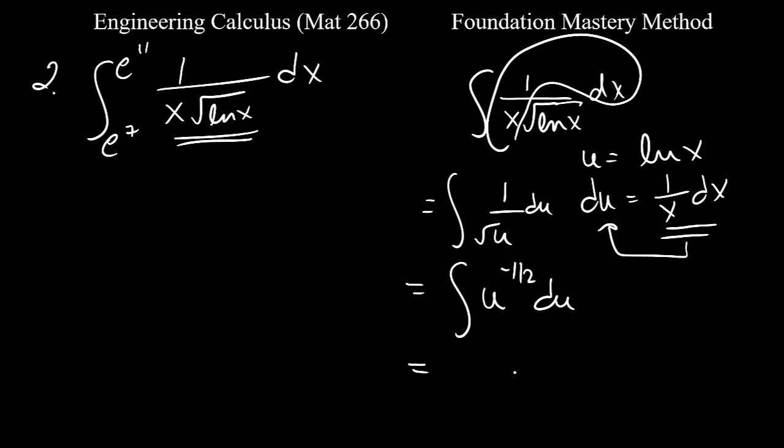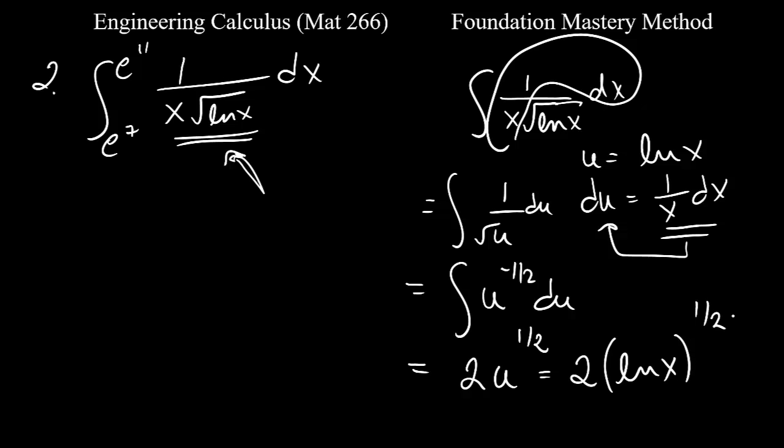Applying the power rule backwards, this will be u to the 1/2 power, multiplying by the reciprocal, 2. Again, we're not going to put in our constant of integration because we're going to be feeding this back into a definite integral. Doing a back substitution, this will be 2 times the natural log of x to the 1/2 power. So now we've found our antiderivative.